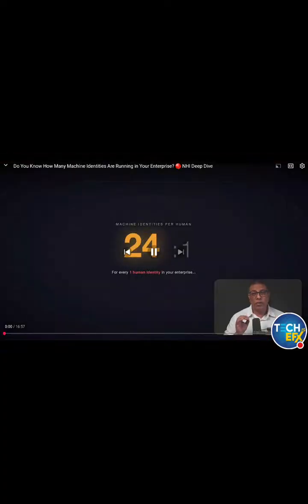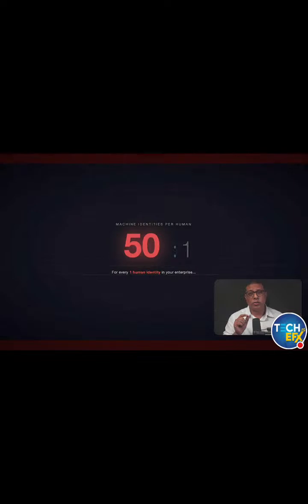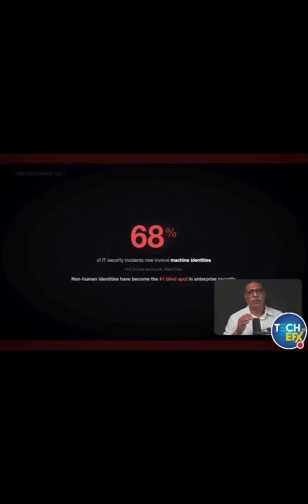For every single human entity in your enterprise, for every employee, every contractor, there are 25 to 50 machine identities running in the background. Service accounts, API keys, auth tokens, certificates, bots, AI agents. And here is the interesting part for security leaders: 68% of IT security incidents nowadays involve machine identities, not human accounts.